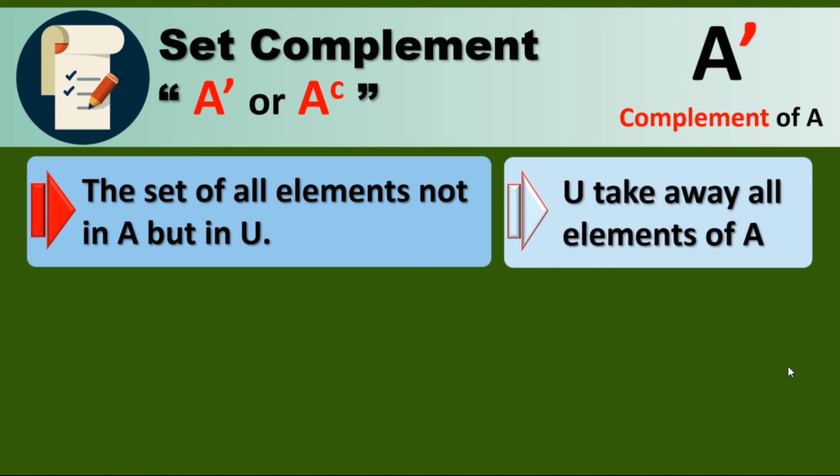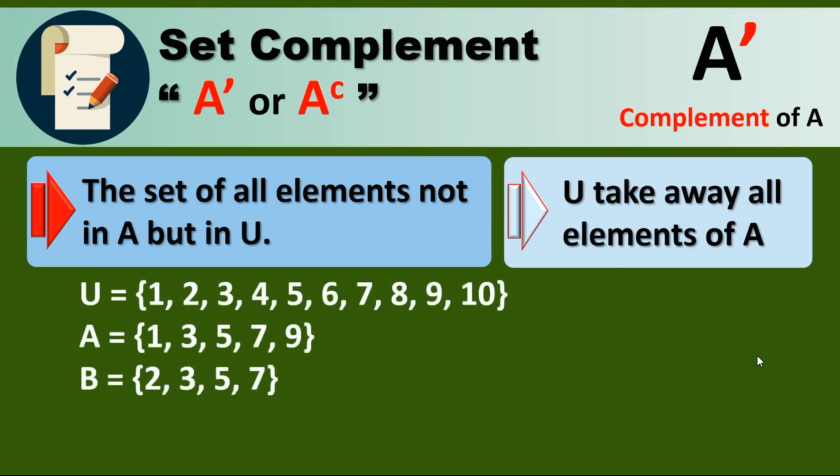Next example. What if our U is equal to the set that contains 1, 2, 3, 4, 5, 6, 7, 8, 9, and 10, and our set A contains 1, 3, 5, 7, and 9. So with B, contains 2, 3, 5, and 7. What is A prime?